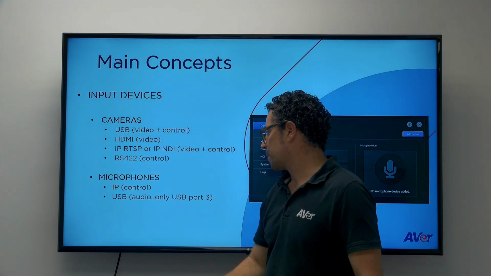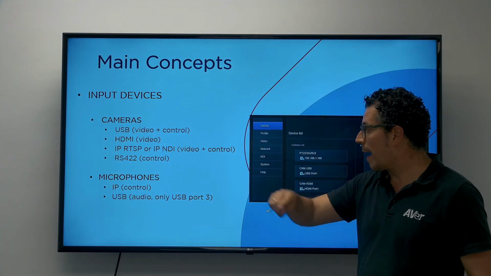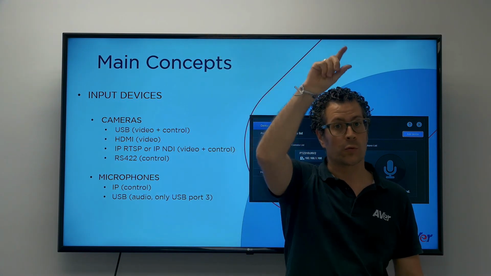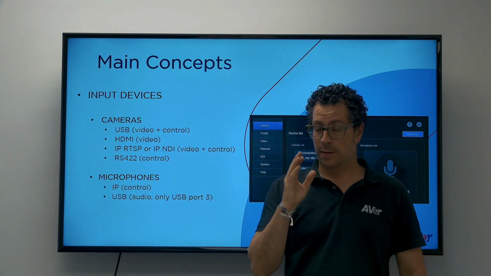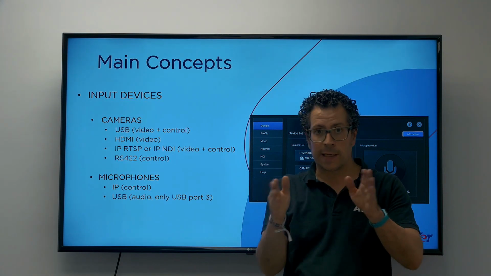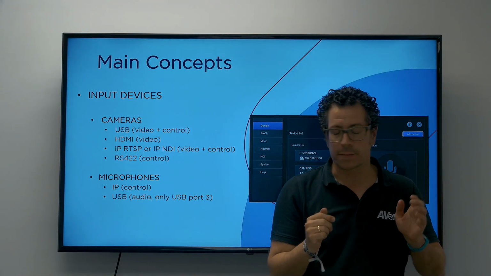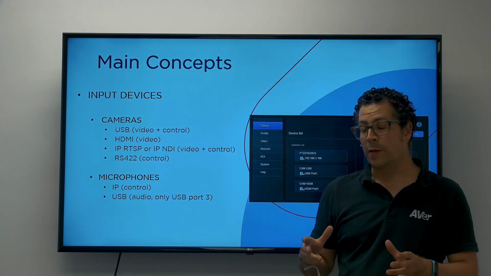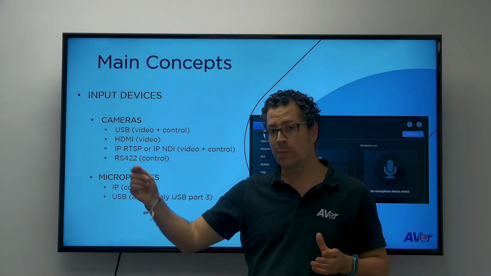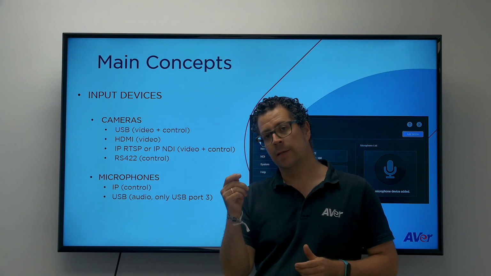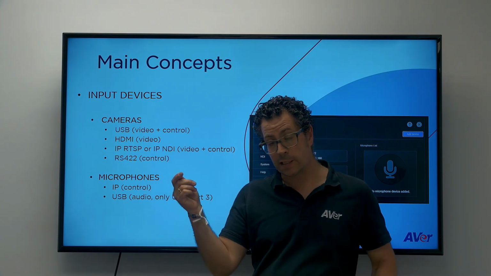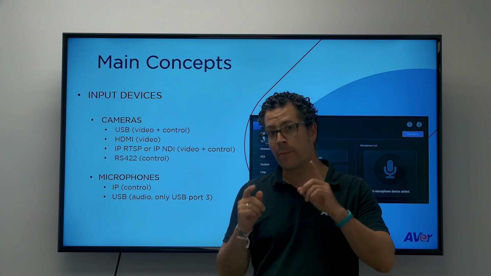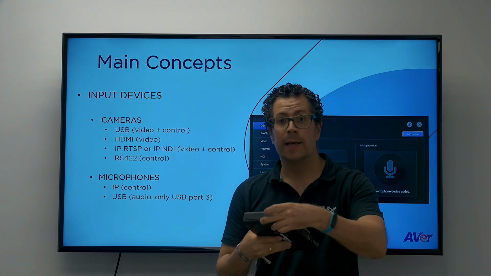The microphones, via IP, we have the control. We are going to read the status, what microphone is activated, to send the camera to track the person, okay? But additionally to this, if you have a DSP or your microphone has a USB output, you can connect the USB output of the DSP, the audio processor, or the microphone to the port number 3 in the tracking box.